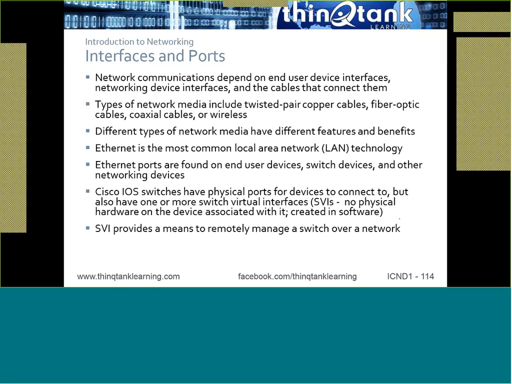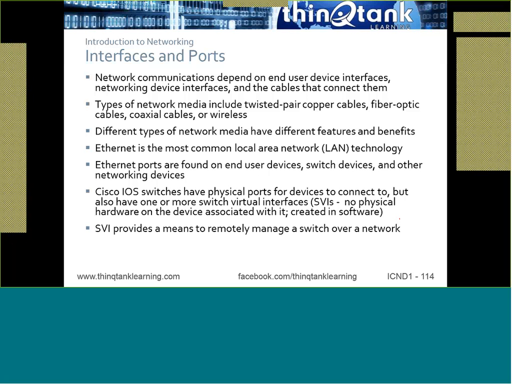Cisco IOS switches have physical ports for devices to connect to, but they also have one or more switch virtual interfaces, or SVIs. These are not physical ports. These are ports that are created in software. We're going to actually configure these SVIs in a second. But what is an SVI used for?